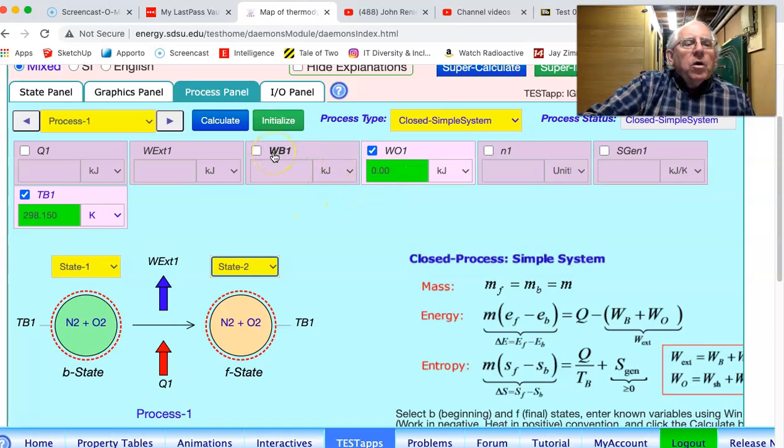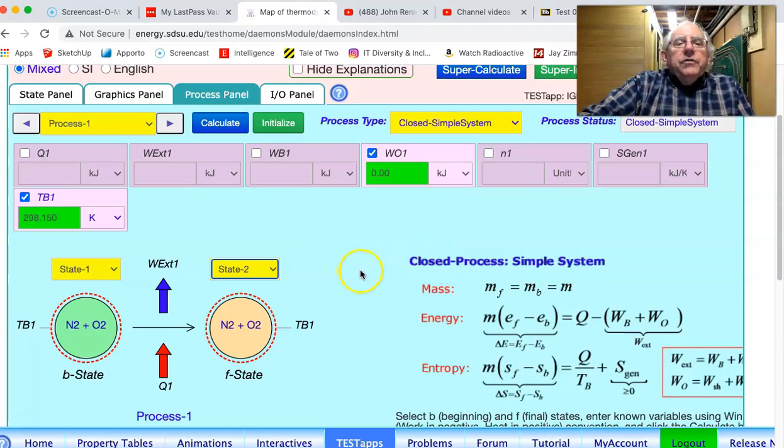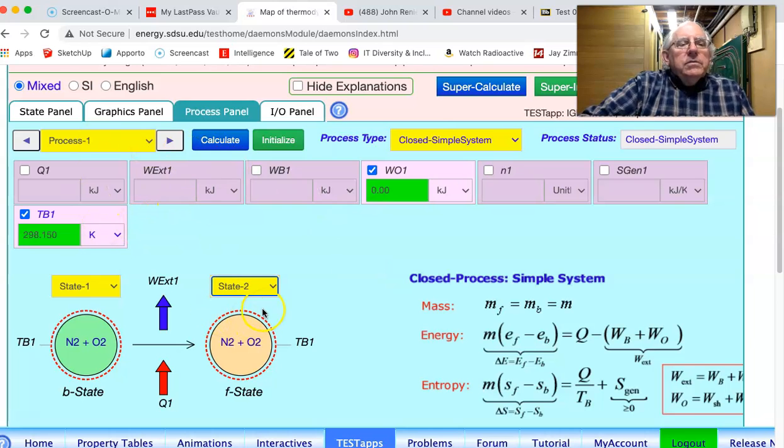There is boundary work. And because we're not asked anything about the irreversibility, we really don't have to worry that much about the boundary temperature. And so this then is our process panel.